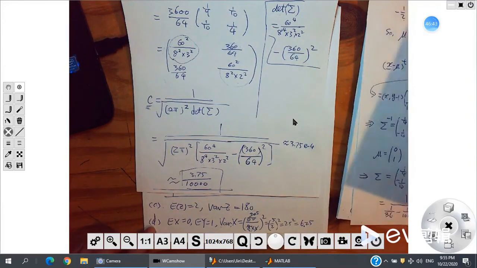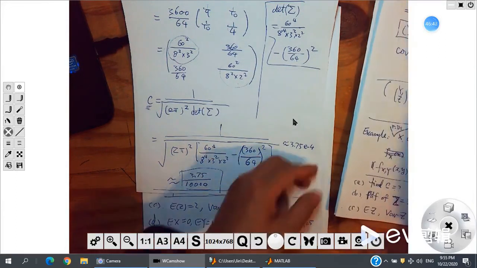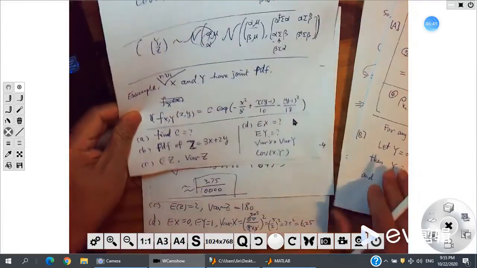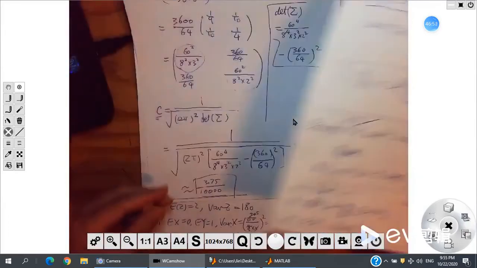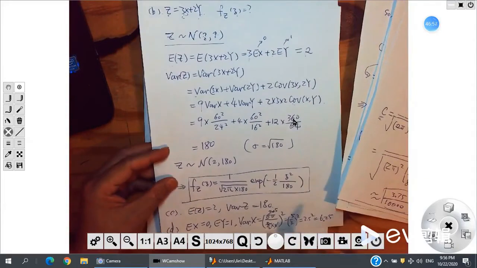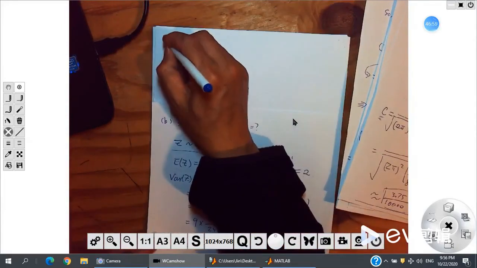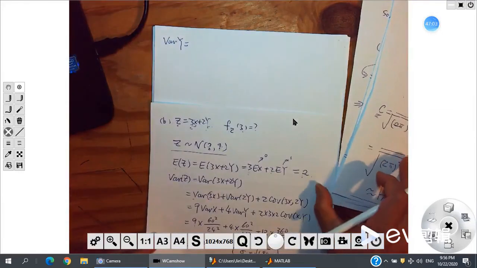And we also want the variance of Y, and the covariance of X and Y. I want these two. So the variance of X is this one, and the variance of Y you can also find from this matrix.